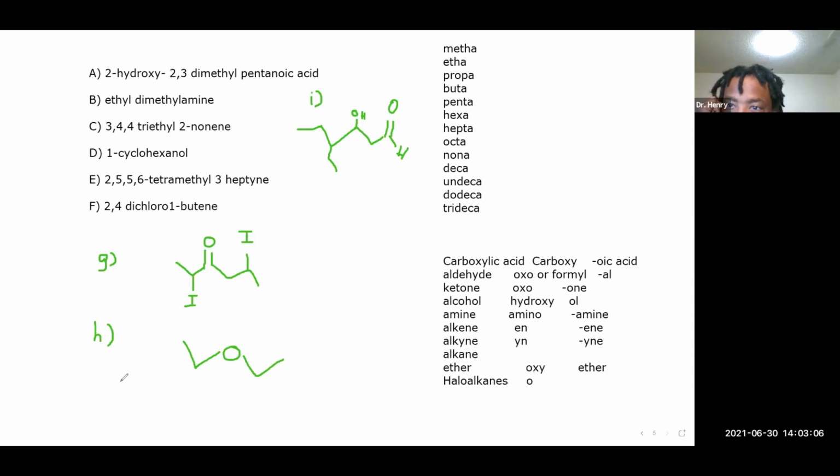It is not quite that. Could you hint at what's wrong? Yes. The first carbon is always going to start on the one that has the oic acid. So start there.